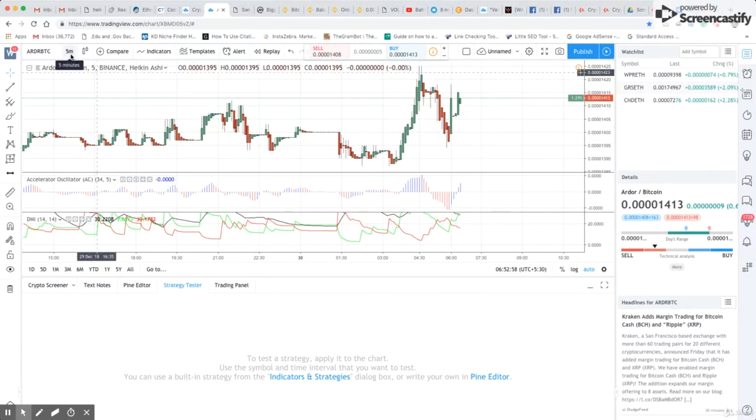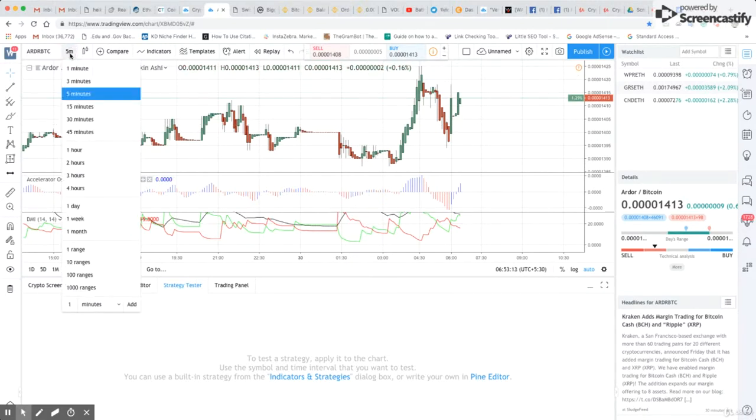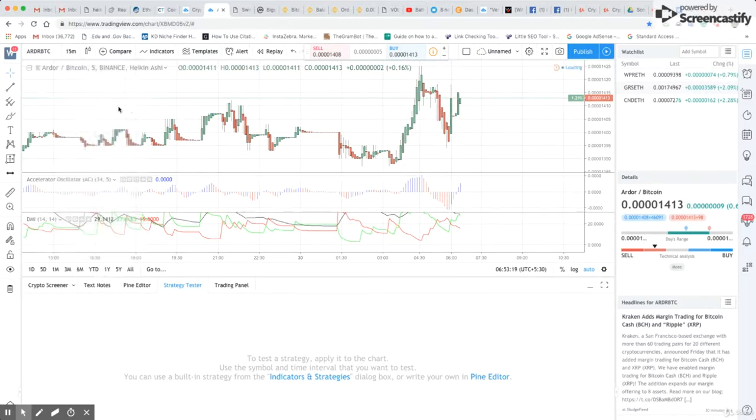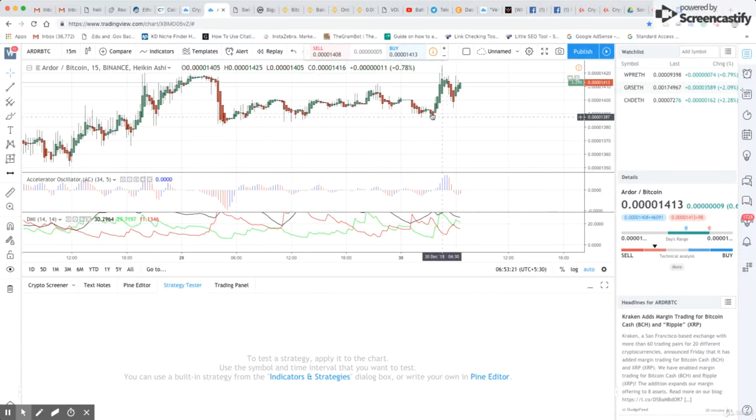You need to keep in mind that you are going to use the 5-minute chart, because the current rules that we have set for short-term trading will be applicable on 5-minute or 15-minute charts. Mostly we are going to use 5-minute. The 15-minute we will just use to see what is happening with the trend. You can see here in the 15-minute chart, the trend has already changed.